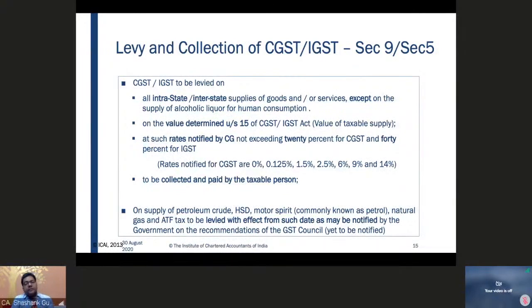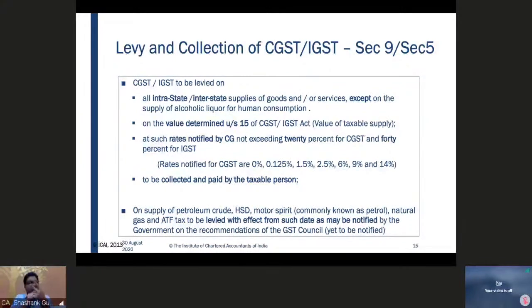There is a principle with respect to taxation which says that there can be no taxation on the basis of presumption. So basically, there has to be complete clarity when any tax is to be levied about the tax rate at which it will be applicable, about the value on which it will be applicable, and the person who will be liable to pay the tax.